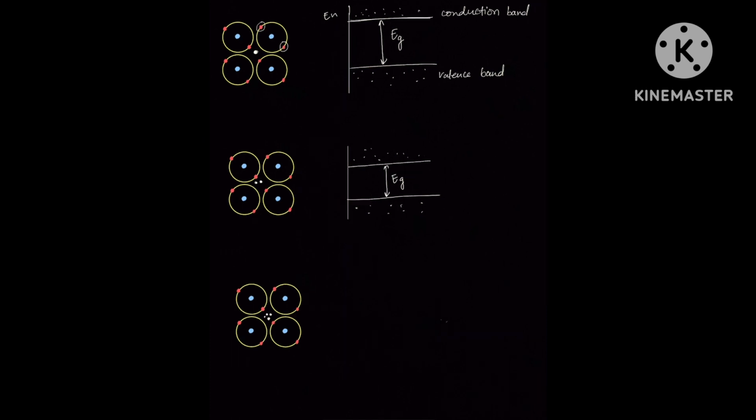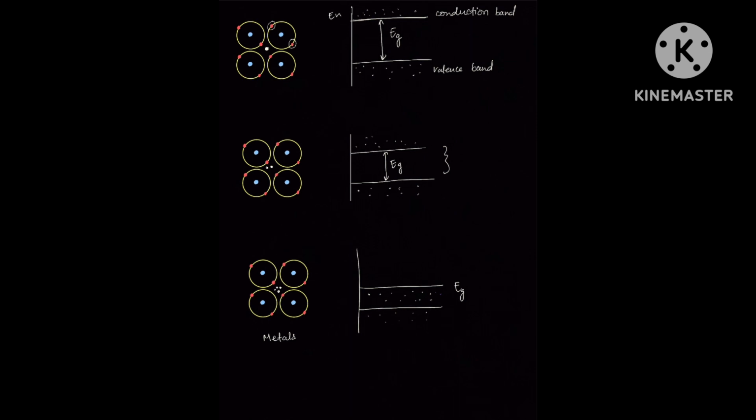So in the third case, the valence band and conduction band overlap. So the electrons lie in both the regions, in the conduction band and in the valence band. Here, the band gap is not available, or we can say there is no band gap. So this is the case of metals.